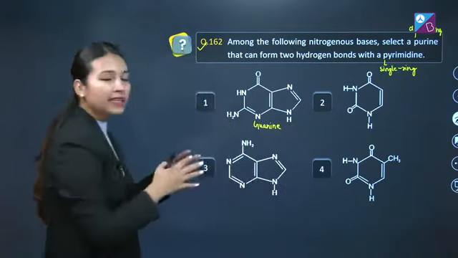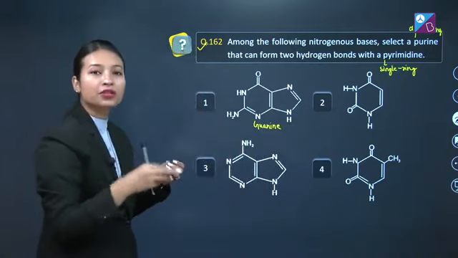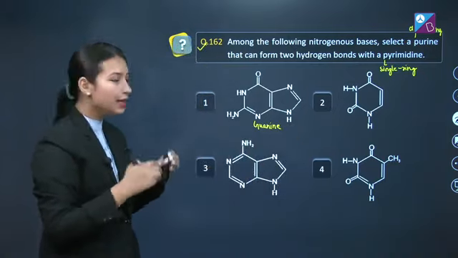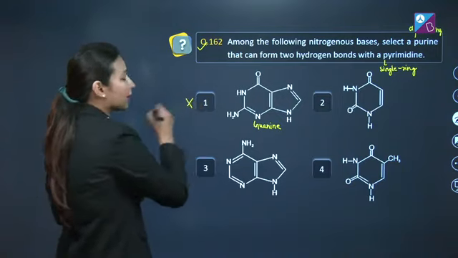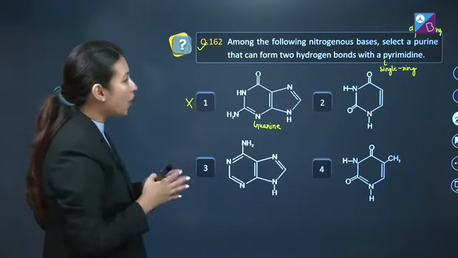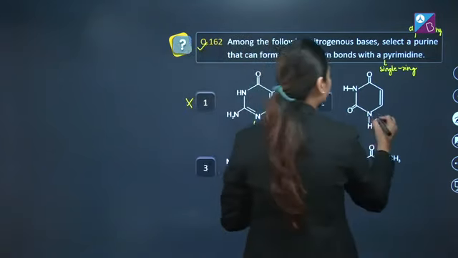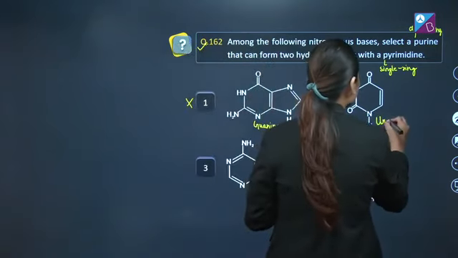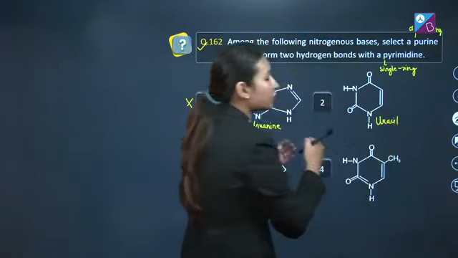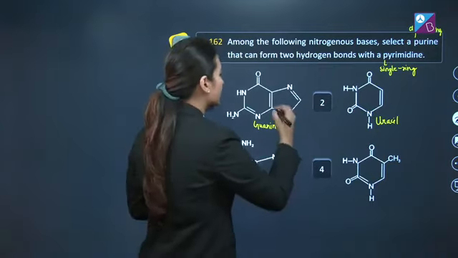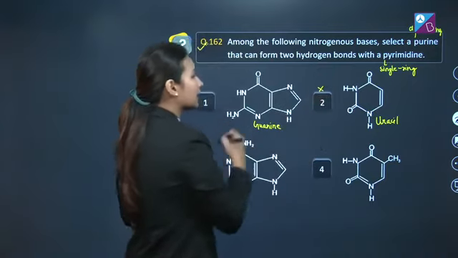and guanine is a purine but it forms 3 hydrogen bonds with cytosine, so that's why this cannot be our answer. Second option here represents uracil, and it is not a purine, it is a pyrimidine, so that's why option number 2 is also incorrect.